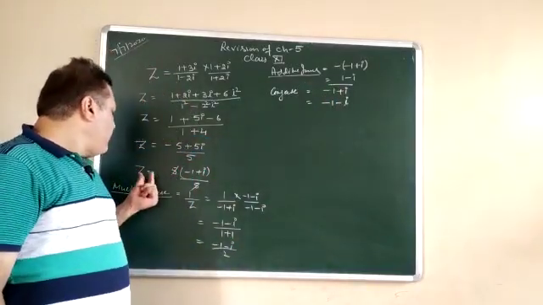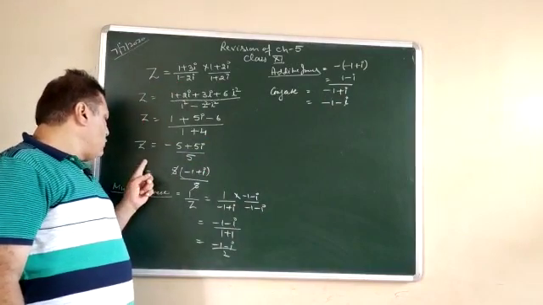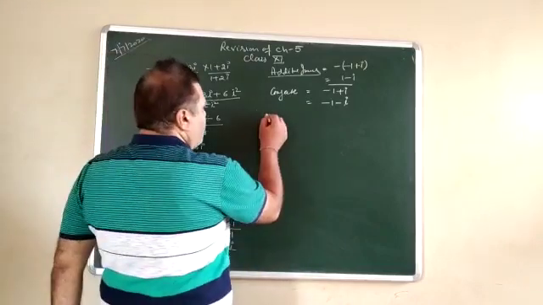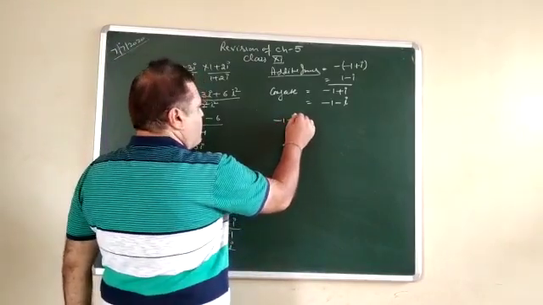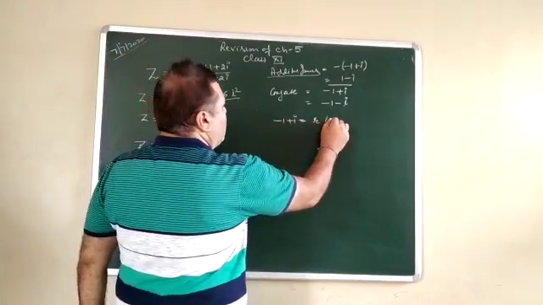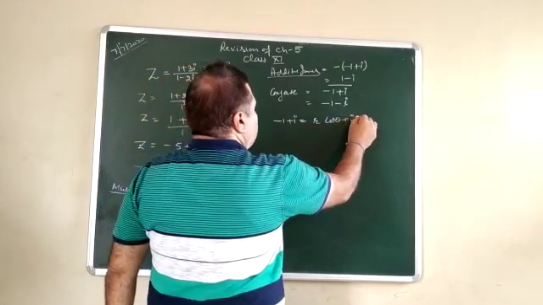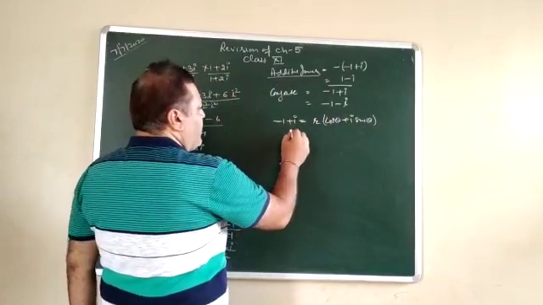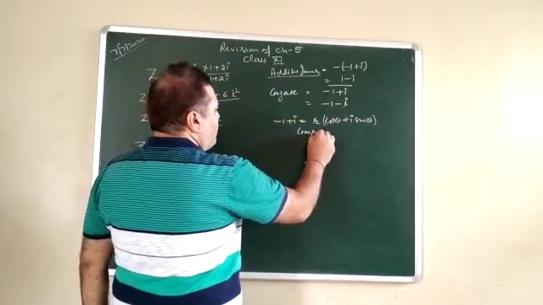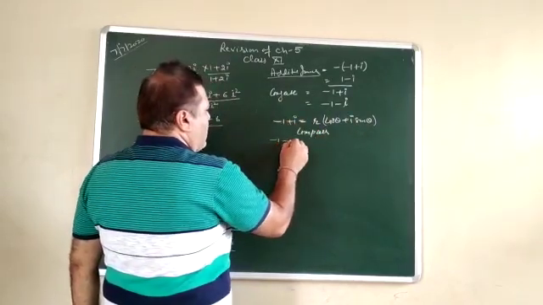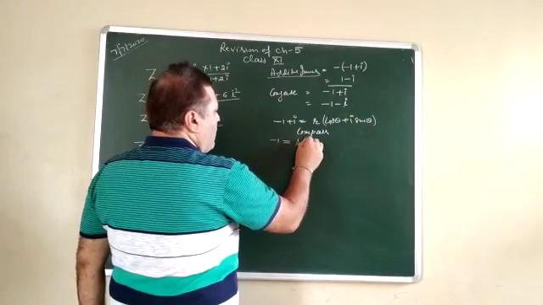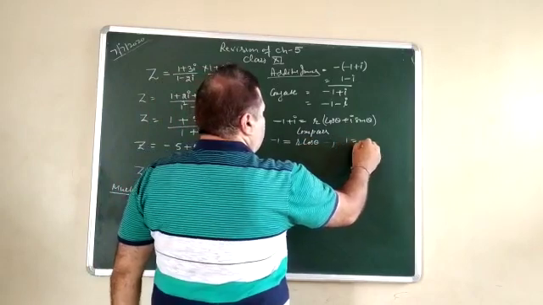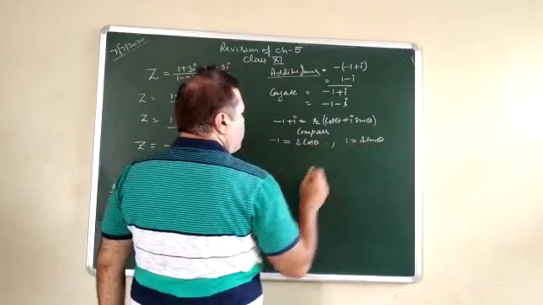Now see, if he asks to convert the result into the polar form, so z is equal to -1 + i, which should be equal to r(cos θ + i sin θ). After that, compare: -1 is equal to r cos θ and 1 is equal to r sin θ.